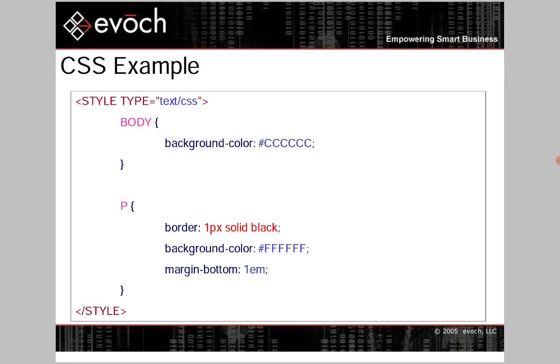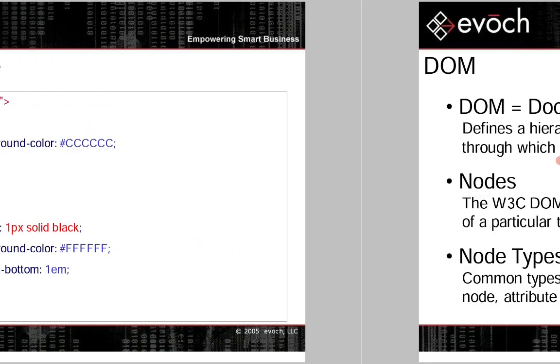Here you may set some styles for the body tag and paragraph tag. So you are changing the background color of the body tag, and paragraph settings also. This is a simple example of how to insert cascading style sheet code in an HTML page.